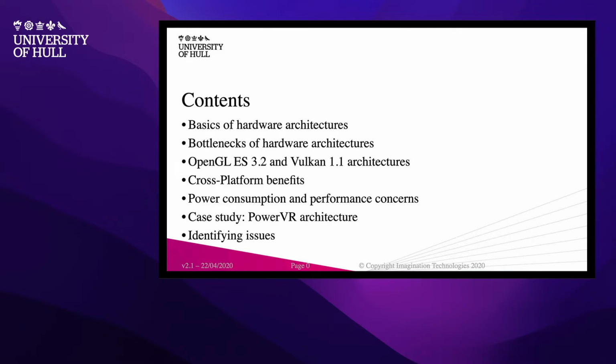The benefits of using cross-platform, power consumption is the same, performance concerns, and then a little case study of, at least at the time, one of the PowerVR deferred shading tile hardware that they designed, and then identifying issues and so on.